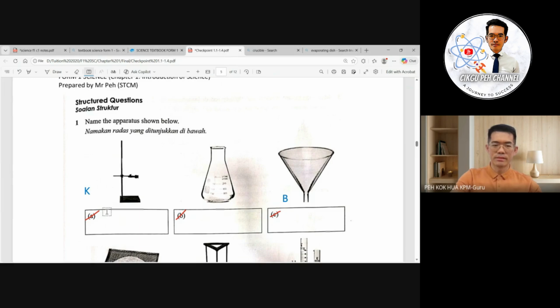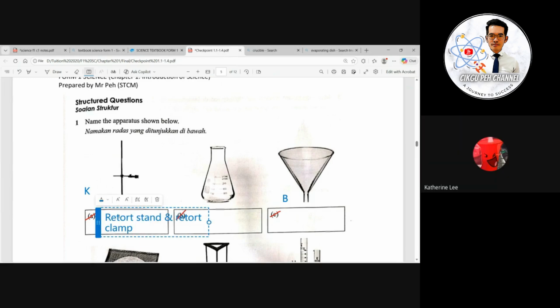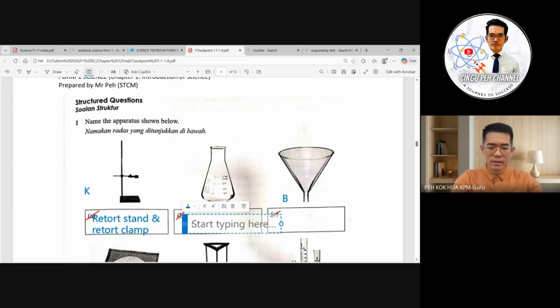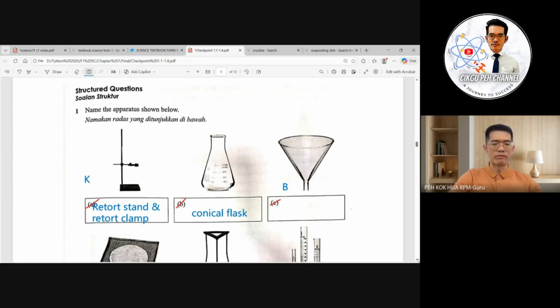And conical flask. Okay, so for the first you have to give 2: retort stand and retort clamp. Then the second, conical flask, is correct. So remember to give 2 because the picture is together with the clamp.